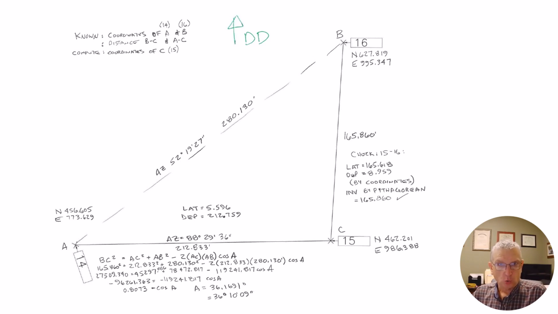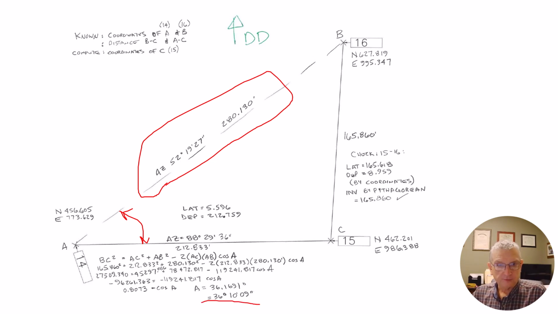using A and B's coordinates, we can compute the azimuth and the distance of A to B. So now that we know that this azimuth is 52.1927 and that the angle at A is 36.1009, we can solve for this interior angle and find that 52.1927 plus 36.1009 comes out to an azimuth of 88.2936.